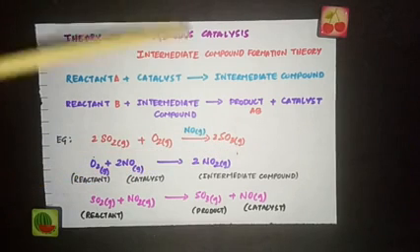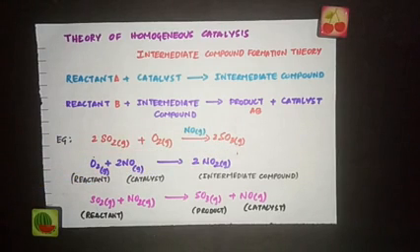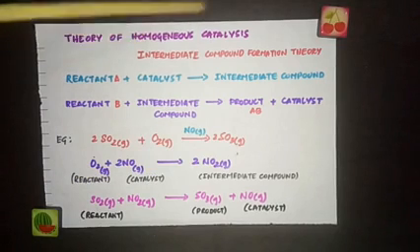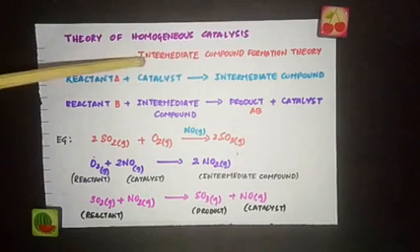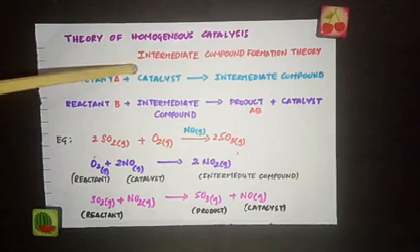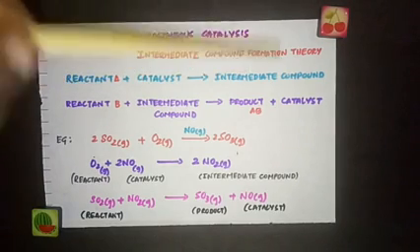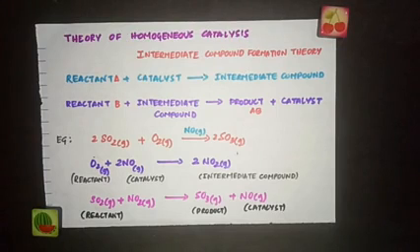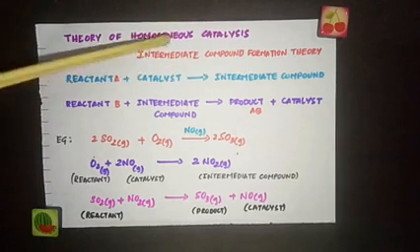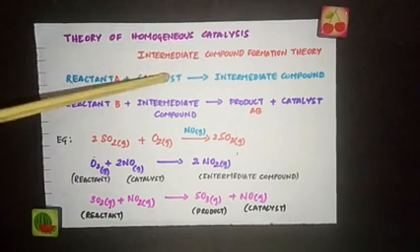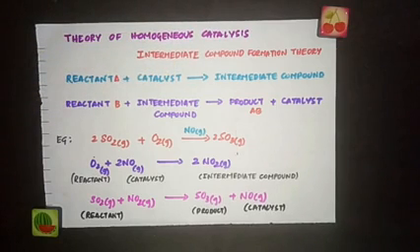What are the steps followed? That is explained by the theory of homogeneous catalysis. To explain homogeneous catalysis, the theory which we use is called intermediate compound formation theory, because for explaining heterogeneous catalysis we have a different theory. So this theory, called intermediate compound formation theory, explains homogeneous catalysis.